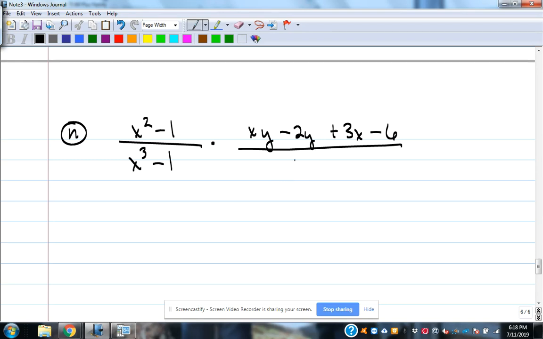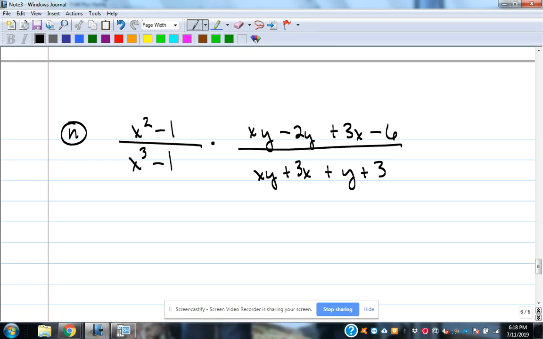Not x plus y, but xy plus 3x plus y plus 3. All right, so the second fraction is one of those where we get to actually use grouping from the get-go. We don't have to do anything extra to get there. It looks long, but it's actually a quicker factor than some of the others.